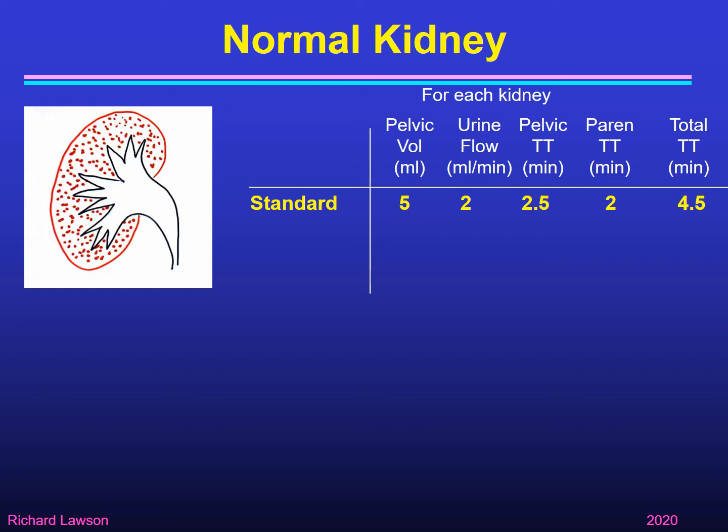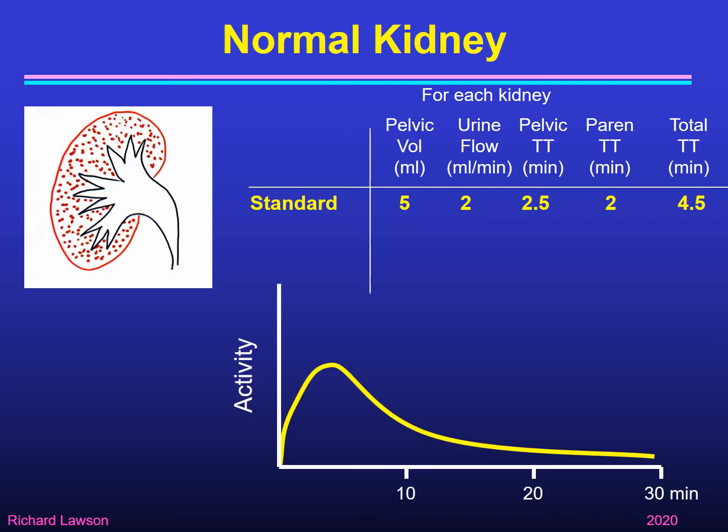And if you model a renogram with a total transit time of 4.5 minutes, it looks something like this. You see it peaks around about 3 or 4 minutes here, and then comes down quite normally, and this is equivalent to a normal renogram. So this shows that the numbers in the model are reasonably realistic in that they're reproducing the shape of a normal renogram.